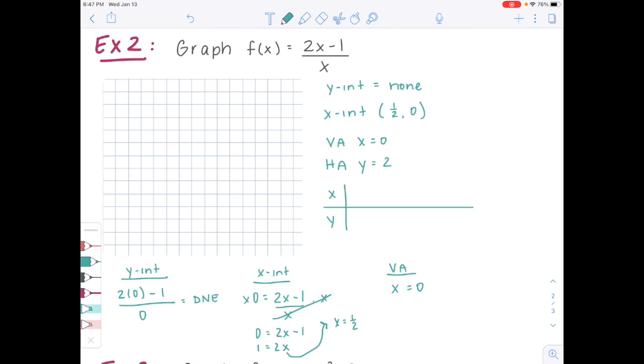So now I'm going to draw my picture again so I can look at the graph and see which other values I want to plug in, see what I already have, see what I still need in order to get the general idea. I see that I have a vertical asymptote at 0. My horizontal asymptote is up at 2.